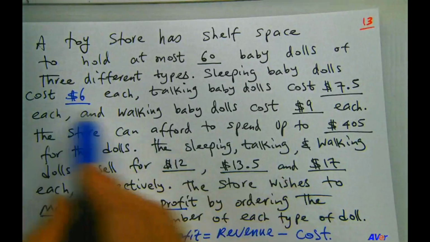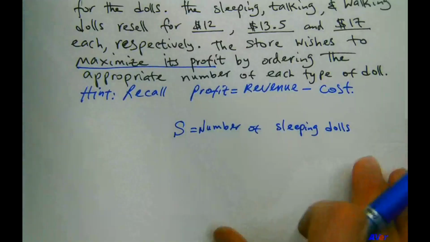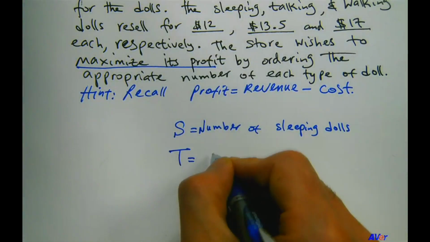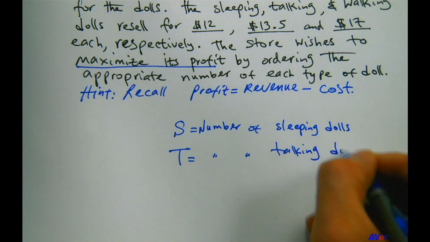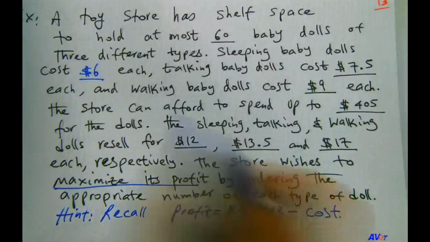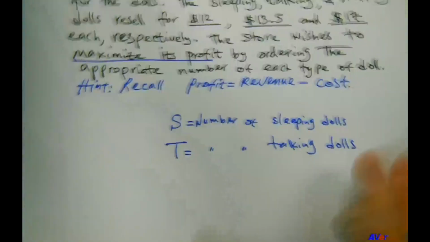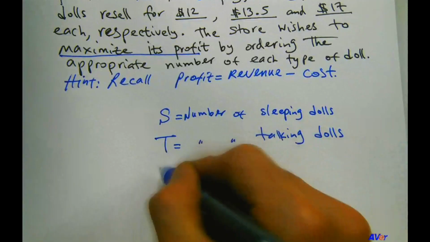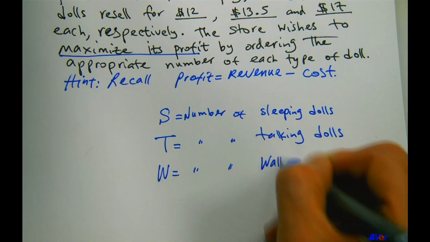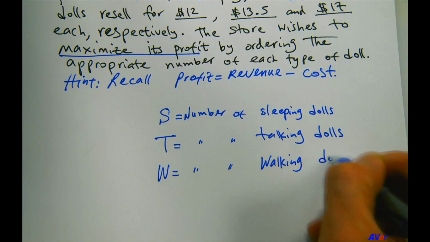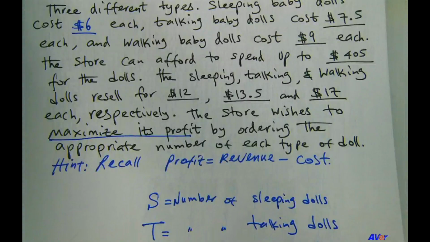And talking baby dolls, so I'm going to use capital T for that. Number of talking dolls. And also they have a walking baby doll, and let me use W as the variable for that. So W represents the number of walking dolls.